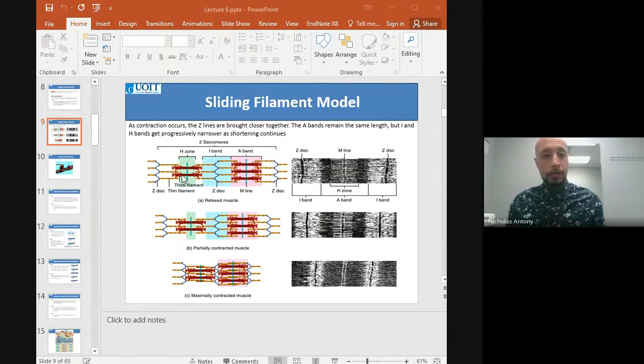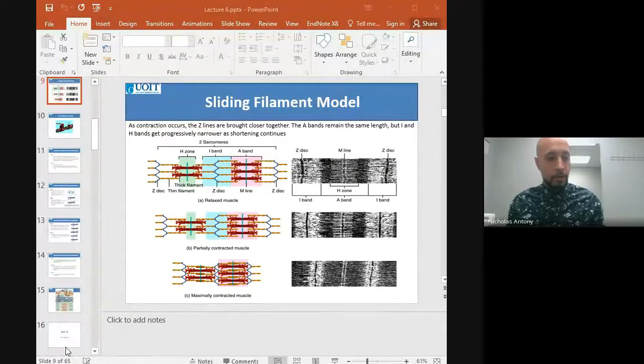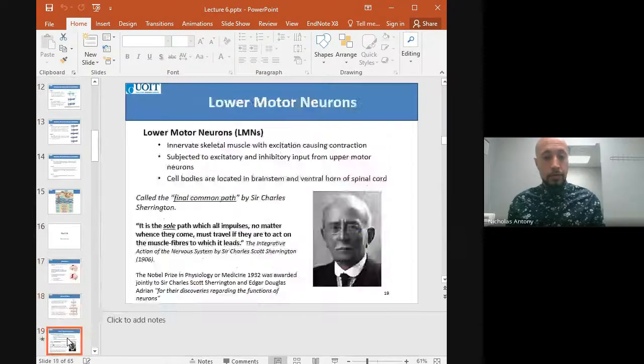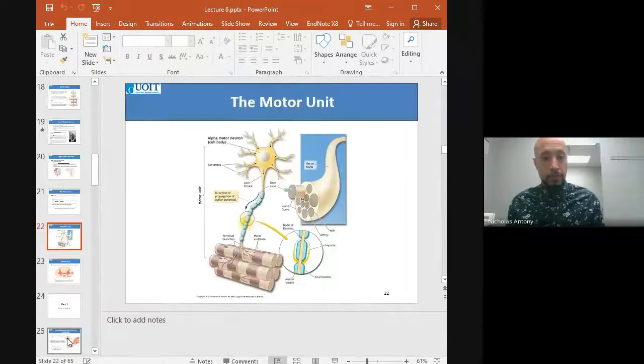So if we would go to a diagram of a muscle fiber, you'll see the striated pattern. There's got to be a picture of a muscle somewhere. See how it's striated? That's because of the actin, myosin.